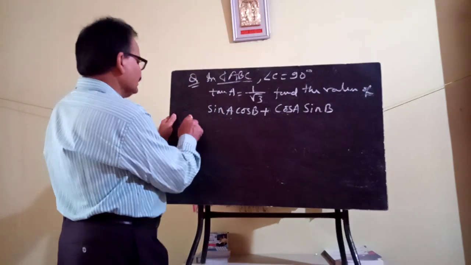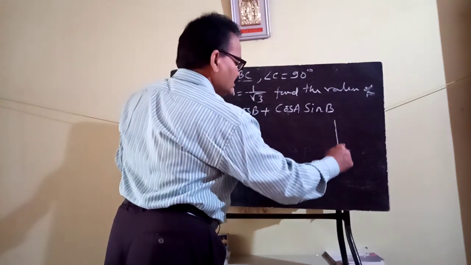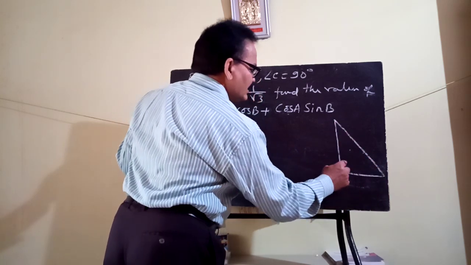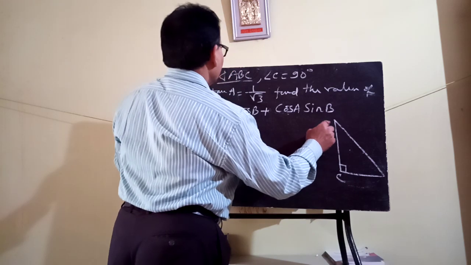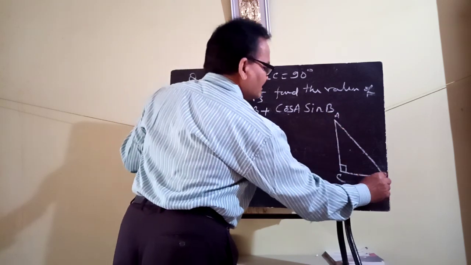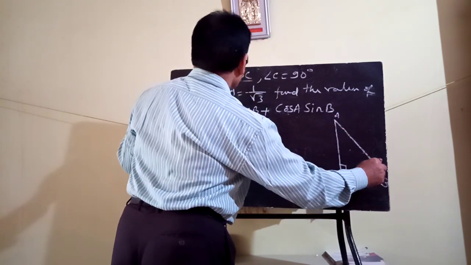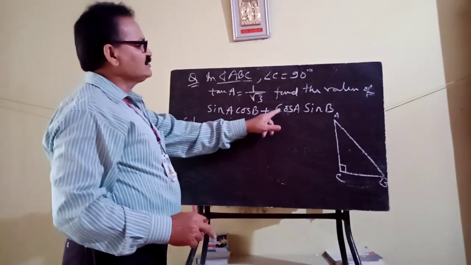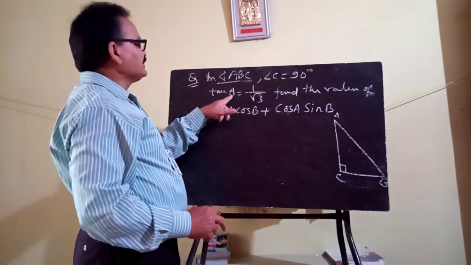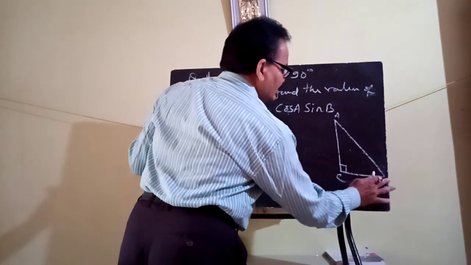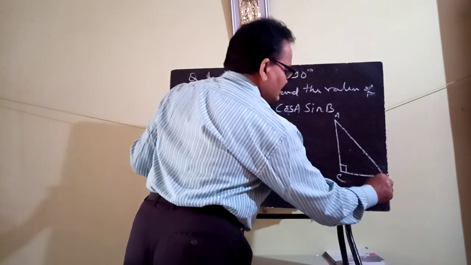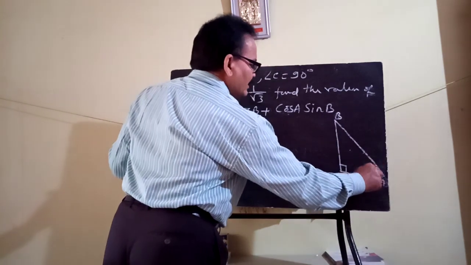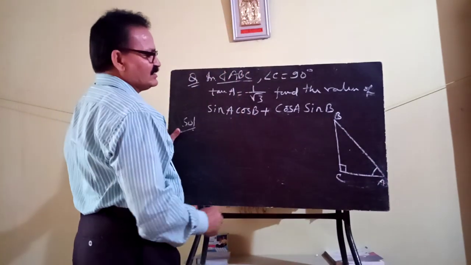For your solution, first draw a right angle triangle, where this is angle C and these are A and B. Take this as A for convenience, and this part is vertex B.